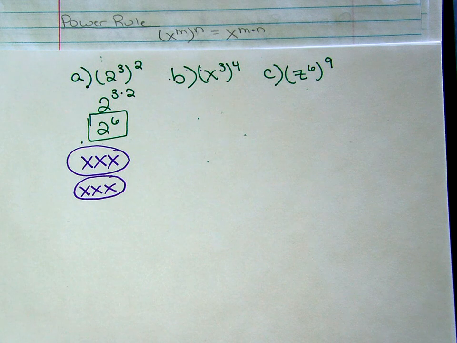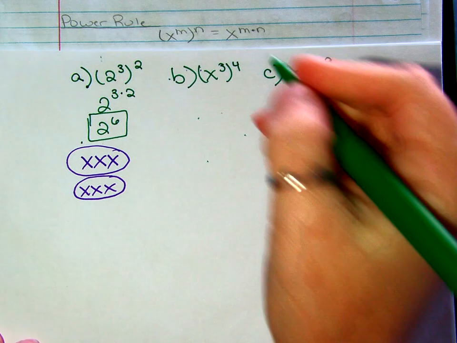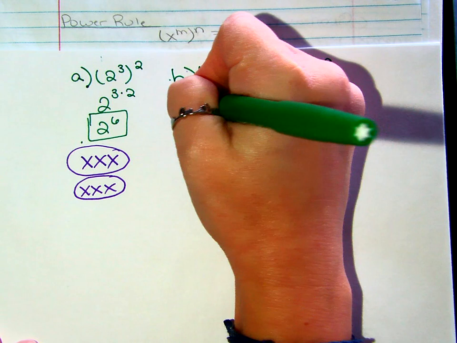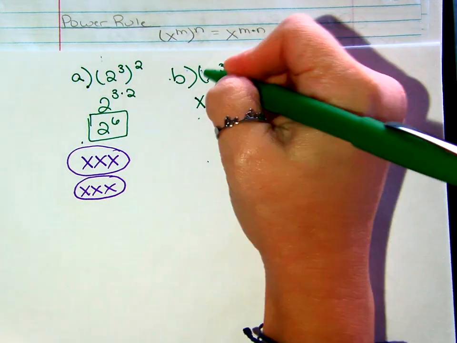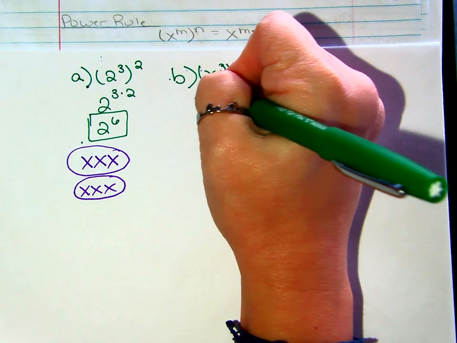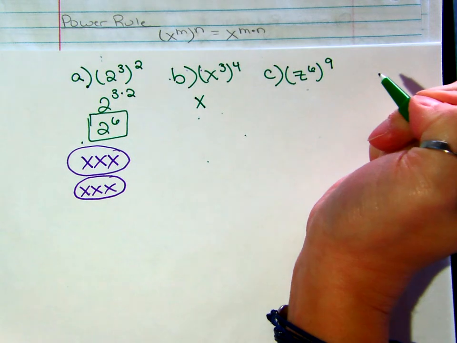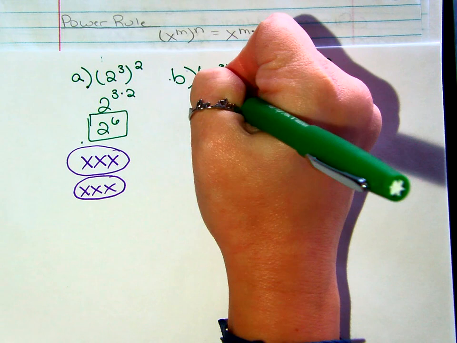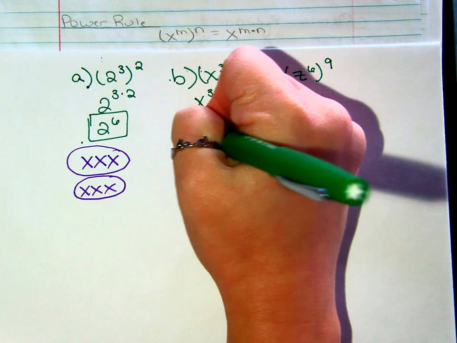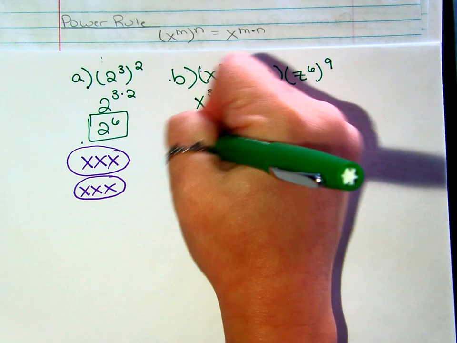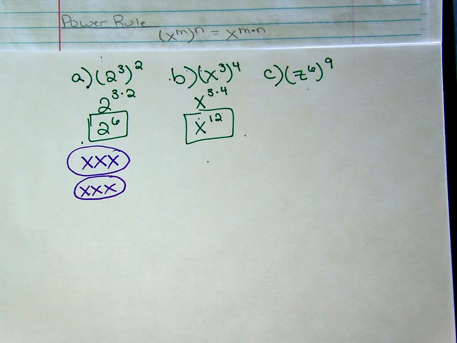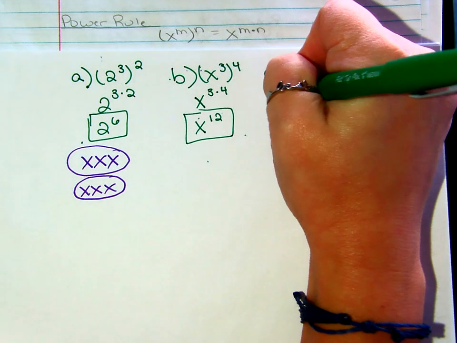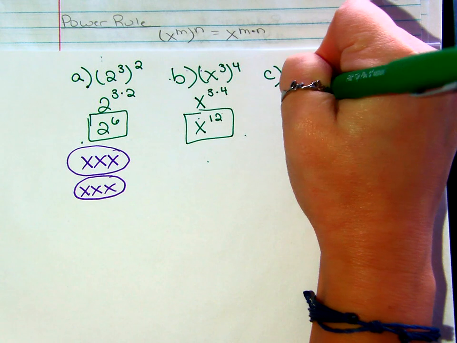So what would be B? If we have x to the third raised to the 4th power. X to the 12th, because 3 times 4 is x to the 12th. And we do the exact same thing over here. There's no changes, just the numbers change.